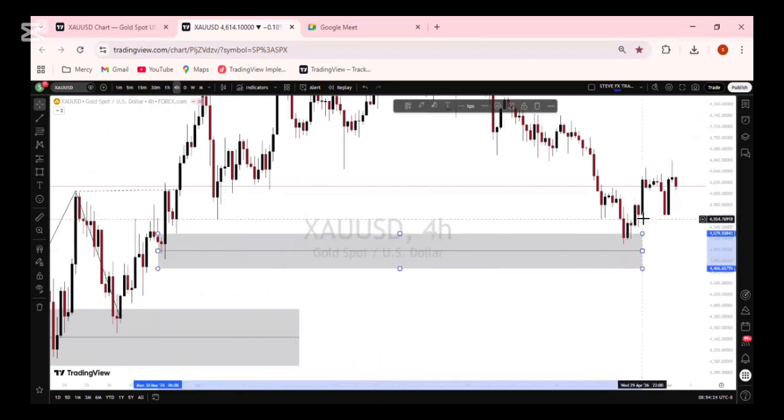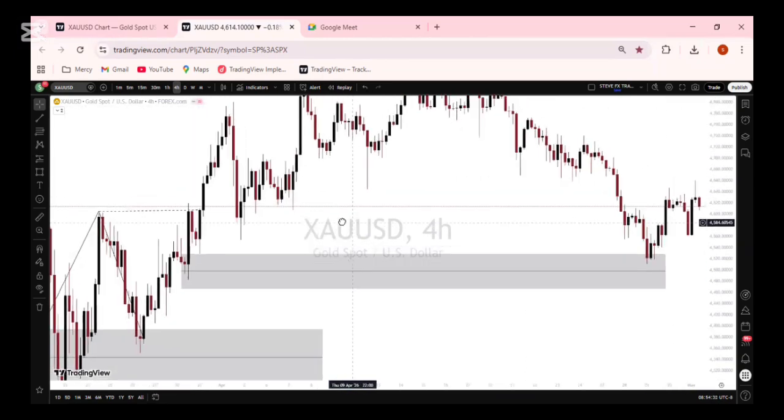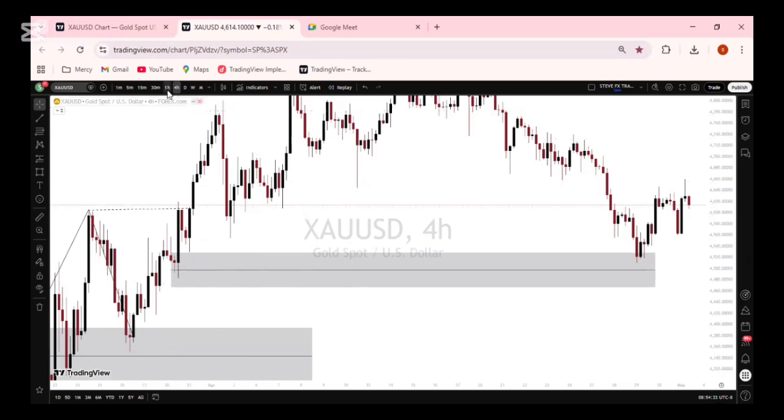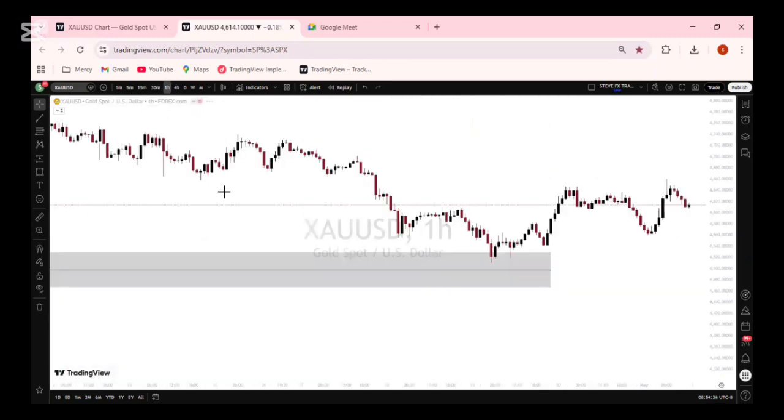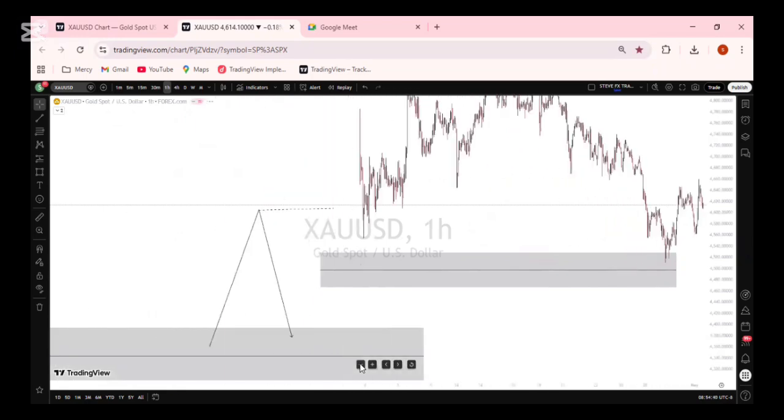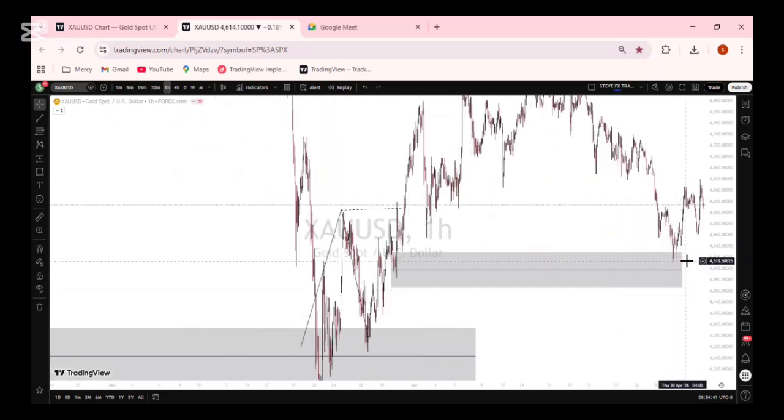So this is our order block. As you can see, when the market goes to that zone, we have the market going upwards from that particular point. That is our 4-hour time frame. So now we refine it downwards again to have a clearer view of the market. So now we have our order block over here.